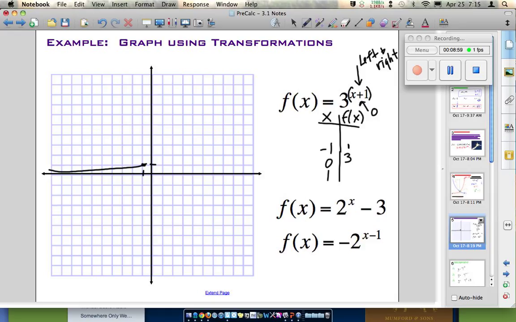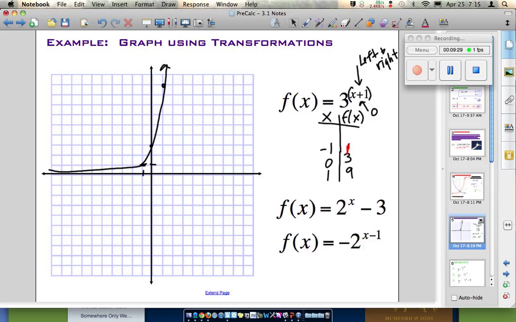And if I plug in 1, I get 9. So my graph at 0 is 3. My graph at 1 is 9. And I have my exponential function. So this key point of when we get the value of 1 for the function is always going to depend on a shift.